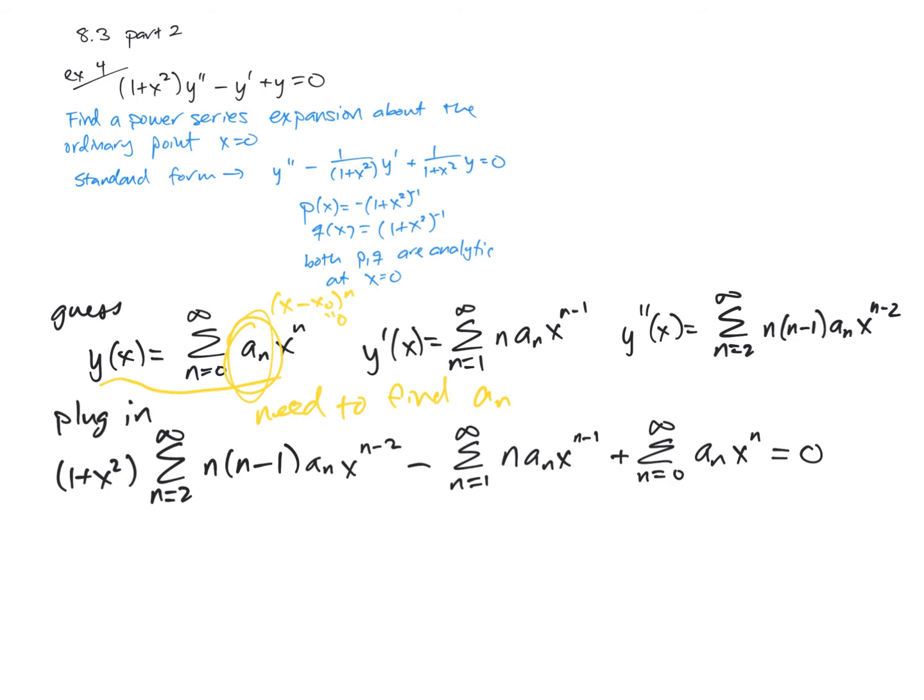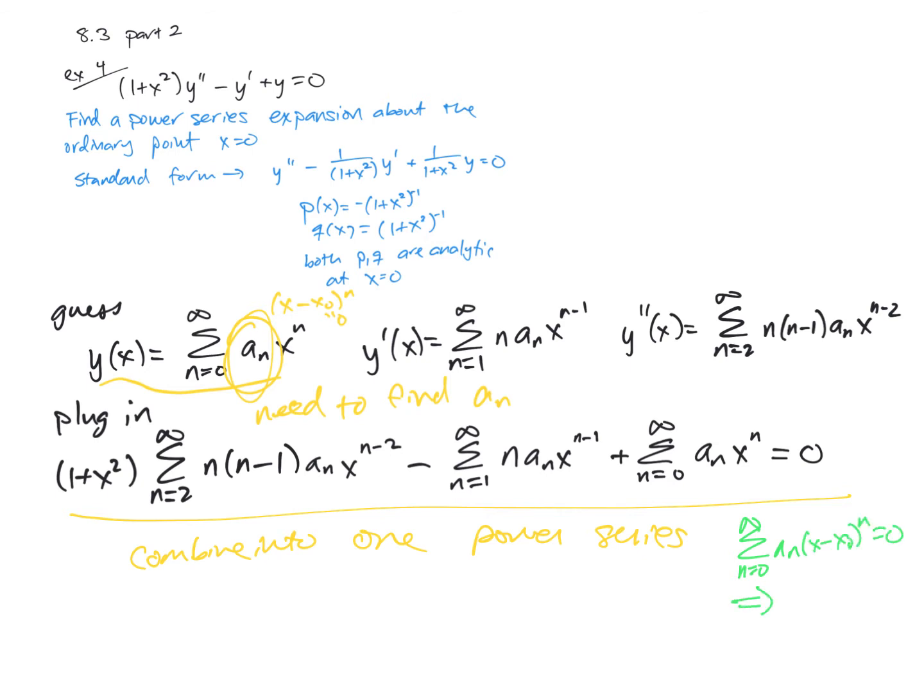So that's our goal. Now, the strategy to do that is if we can combine this into one power series, we can use the fact that we know about power series to say that the sum from n equals 0 to infinity of a_n (x minus x naught) to the n equals 0 if and only if a_n equals 0 for all n.